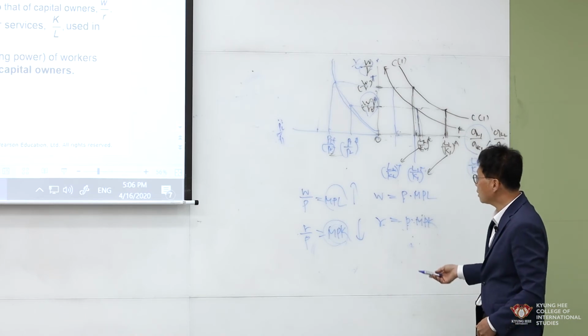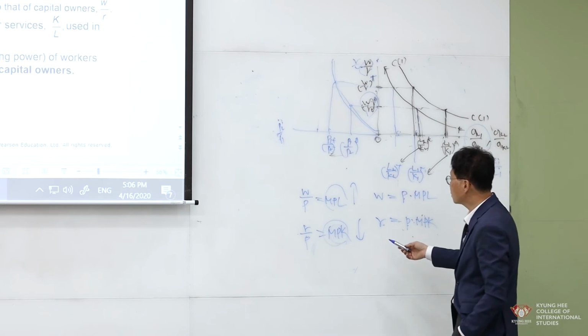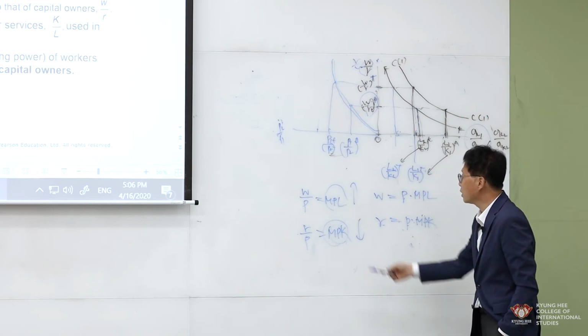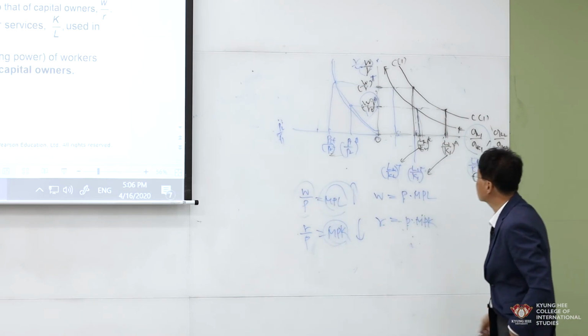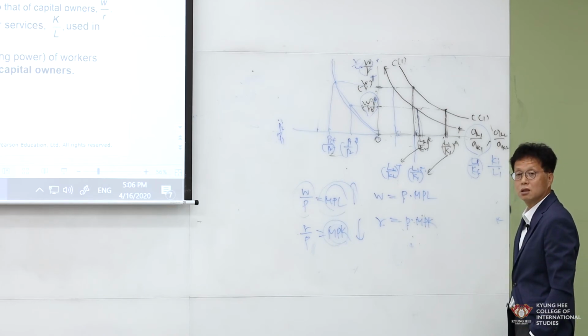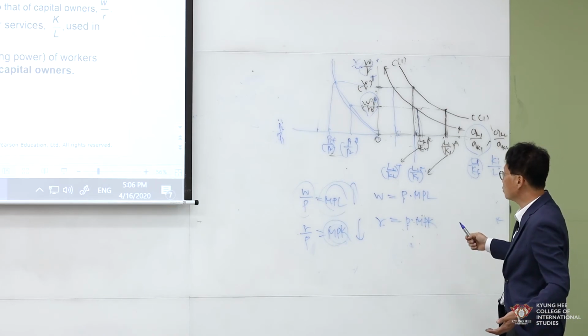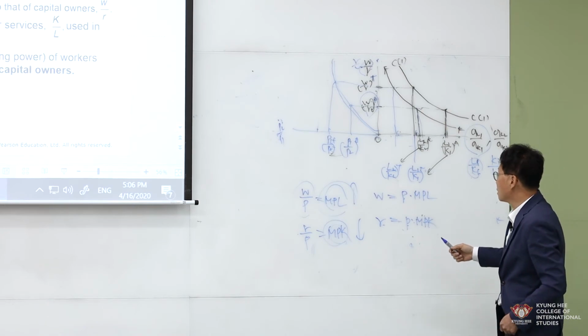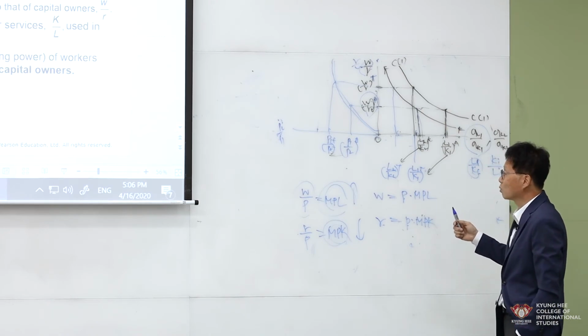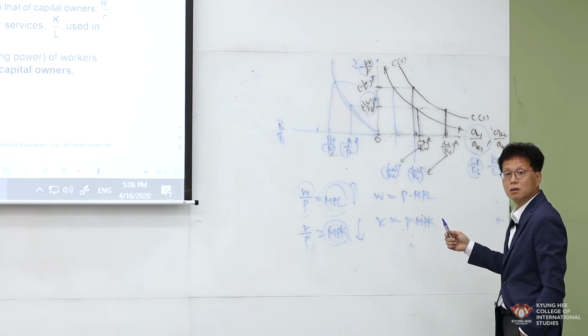Then why does that happen? That is the really important thing. Why does the real wage rate increase, or the marginal product of labor increase? Now think about Q1 as a pizza restaurant. The marginal product of pizza increases. Why does that happen?